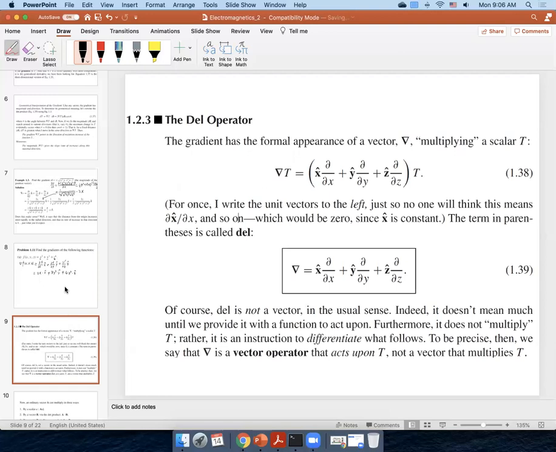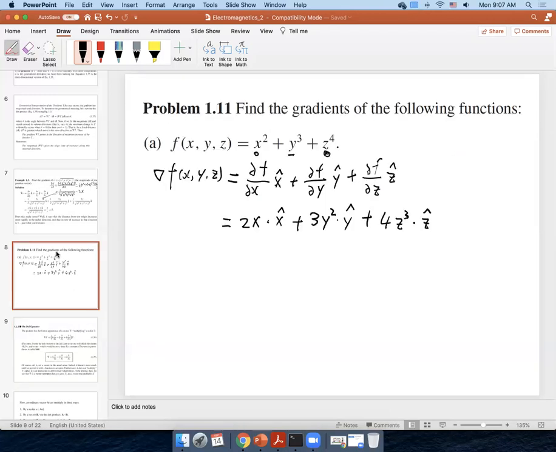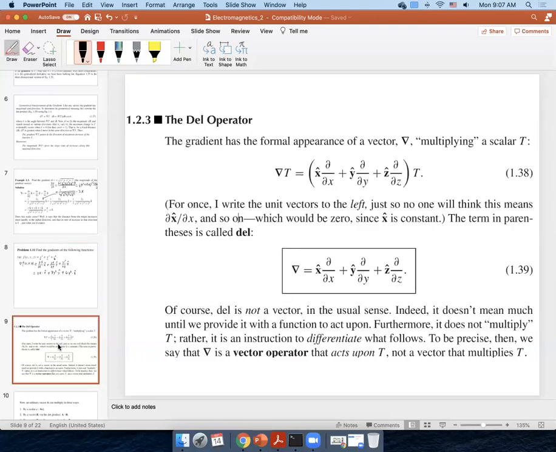Okay, so after we introduce those calculations and the gradient, now we can introduce this operator, which is del.